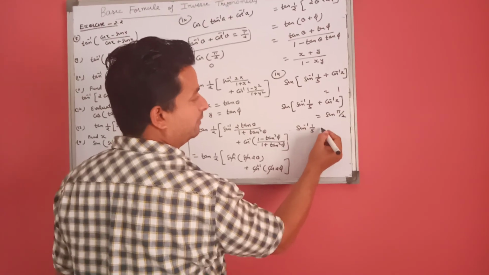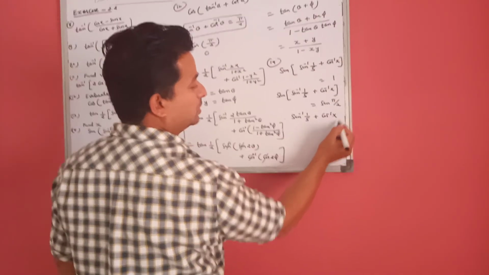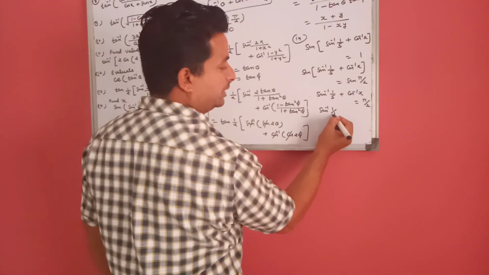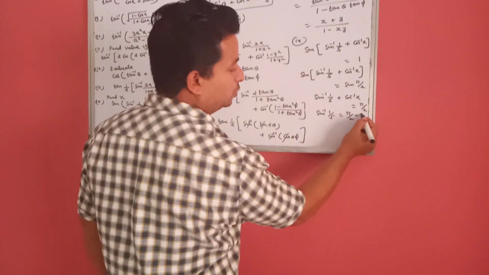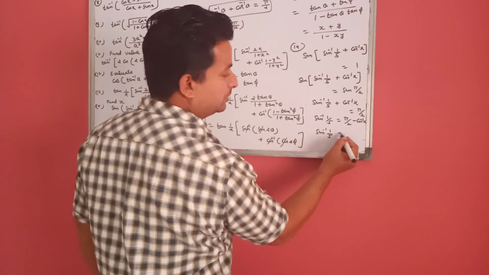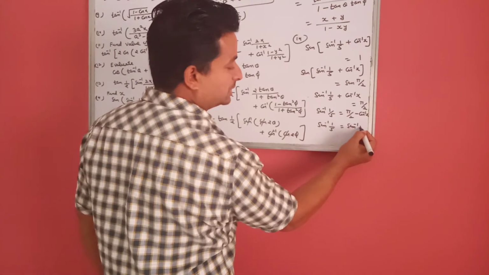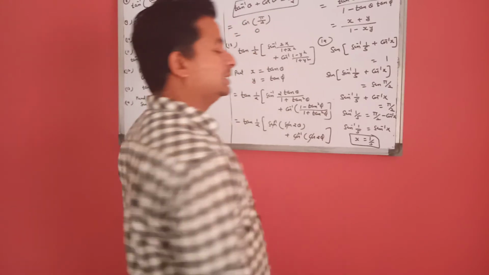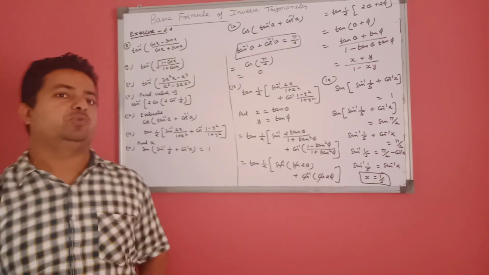Sin inverse 1 by 5 plus cos inverse x equal to pi by 2. Then pi by 2 minus sin inverse 1 by 5 equals cos inverse x. As we know, this becomes sin inverse x and x is equal to 1 upon 5. This is the solution of question number 14.